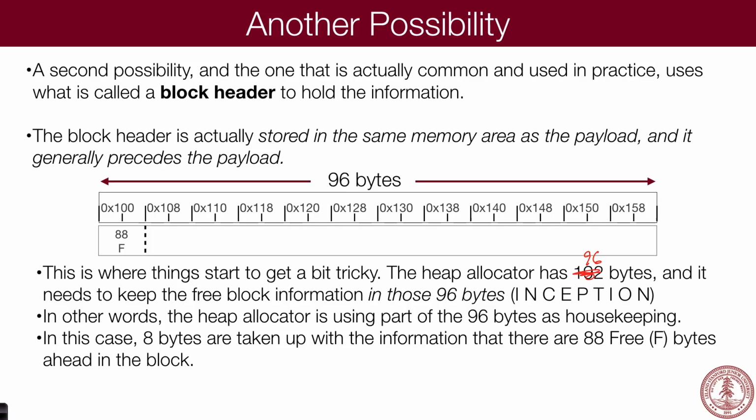Remember how I said there's a lot of arithmetic and a lot of thinking that goes into heap allocators? That kind of corner case is a perfect one that we're going to test. We're going to say, well, what happens if we keep giving you allocations and then there's no room for anything but your header? Well, if you keep the header there, it probably doesn't matter too much. You can either keep the header or not, but you would have 0 bytes free, and then it seems like a waste. OK.